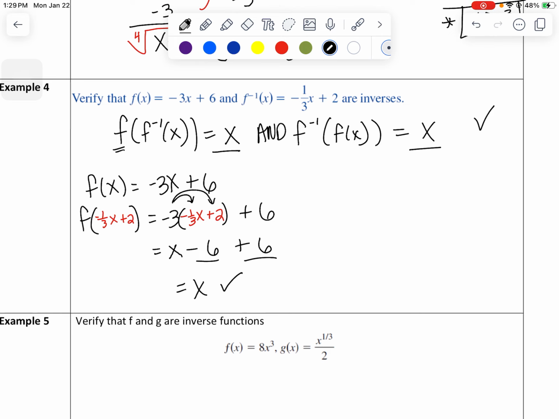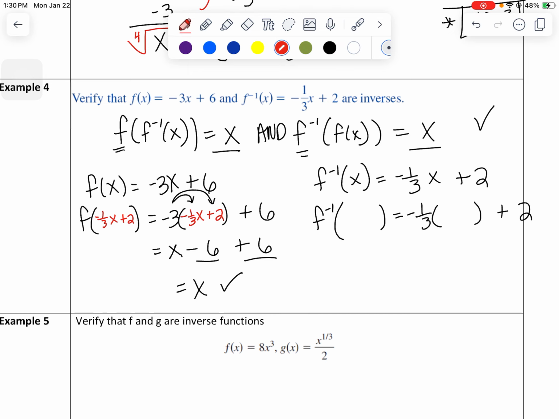Now I just have to verify doing it the other way. I should also get x. This one I'm starting with the inverse function on the outside, and I'm plugging in f. The inverse originally was -1/3 x plus 2. Now I'm going to replace my input with my original function, so I wrote out the parentheses. I'm plugging in f of x, which is -3x plus 6, in the x spot.